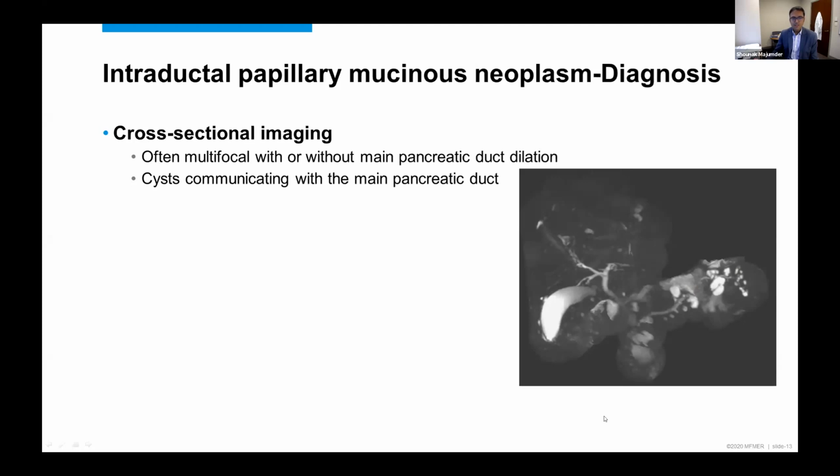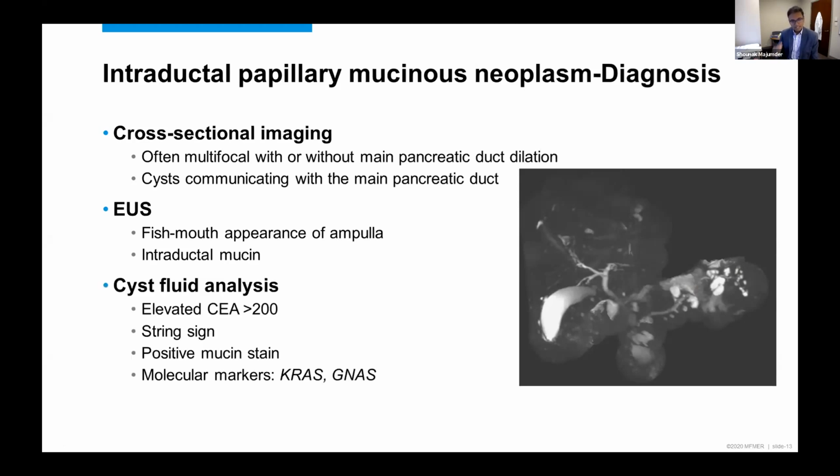One of the diagnostic clues is that the cyst communicates with the main pancreatic duct. On EUS, in main duct disease, you can see fish mouth appearance and occasionally intraductal mucin within the main pancreatic duct. And cyst fluid analysis demonstrates an elevated CEA.